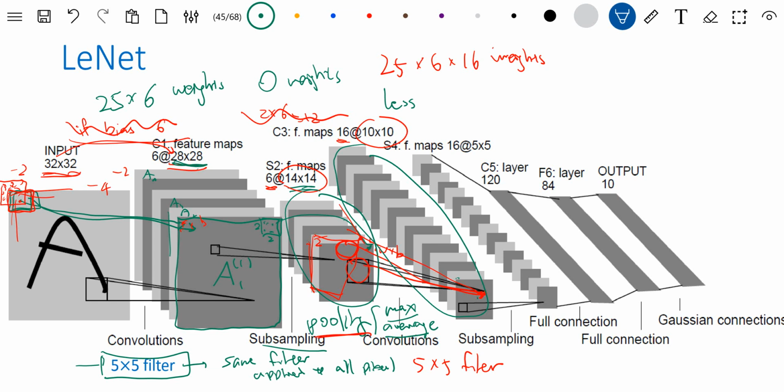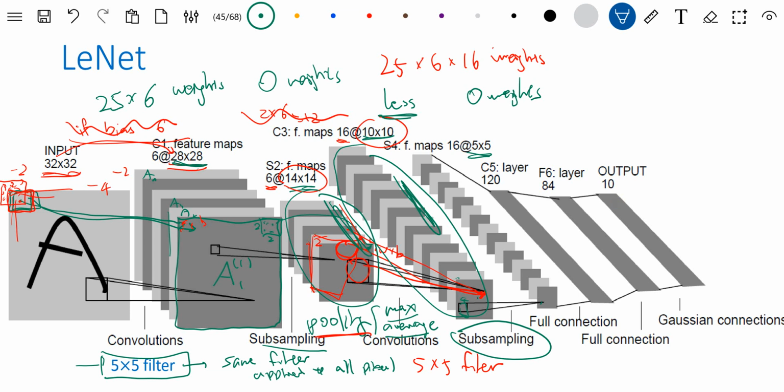It's possible to create a network that's not fully connected, so only a subset of these are connected to a subset of these, for example. So there could be fewer weights. And similarly, for the next subsampling or pooling layer, we convert 4 to 1 because it's 10 by 10 to 5 by 5. So there are 0 weights.